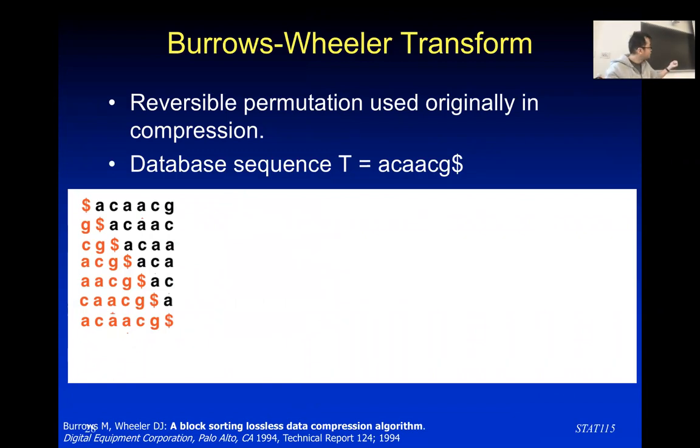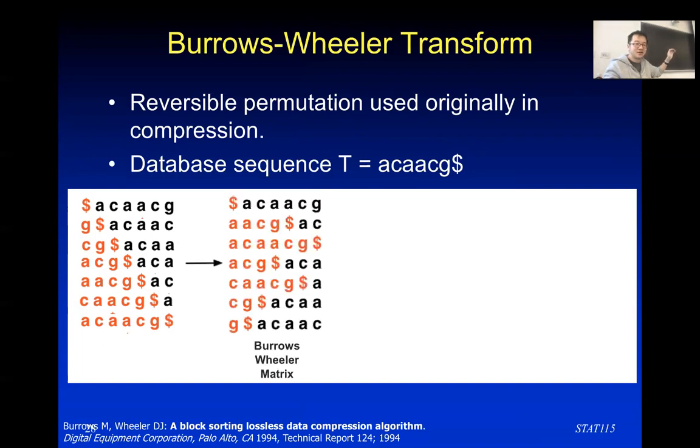For our reference genome, it looks like this. First, for each suffix, we write out the remaining part of the genome so we can form a rectangle matrix. And then we order the suffixes, just like how we build the suffix array.